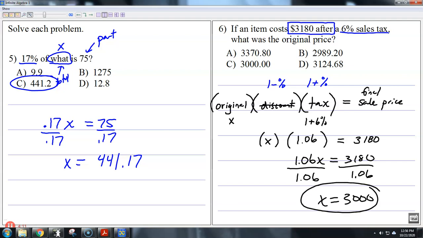Now, what you do not want to do, okay? A lot of kids do this. A lot of kids find 6% of 31.80, and they get an answer. They get 0.06 times 31.80, and they'll get $1.908.